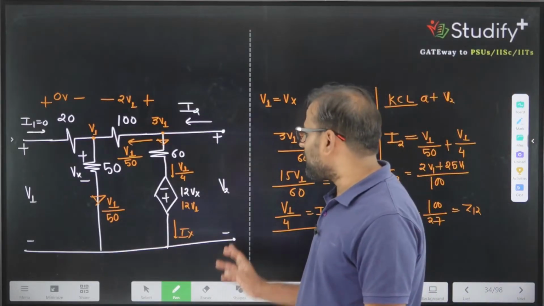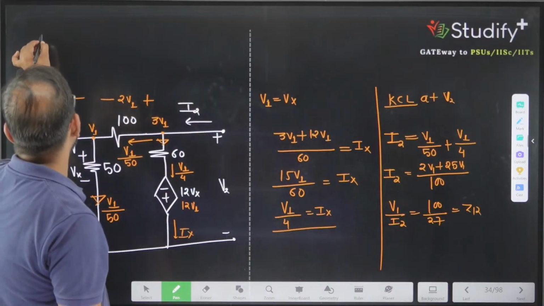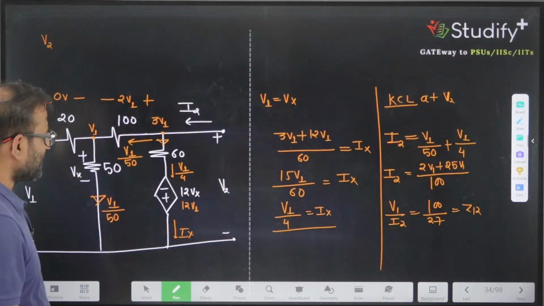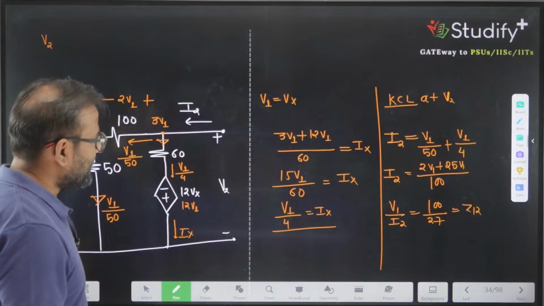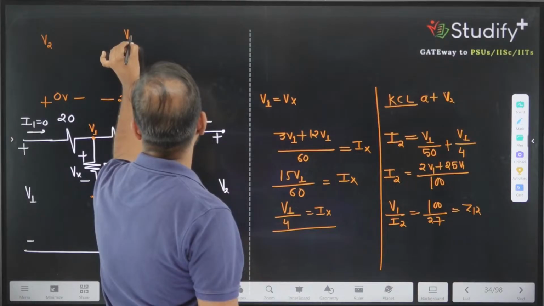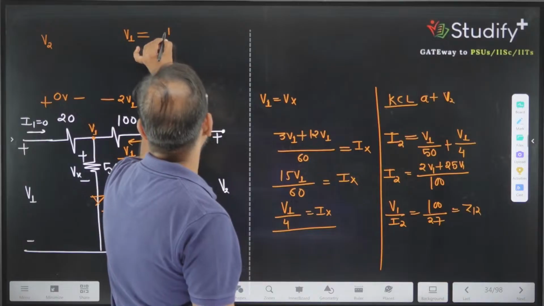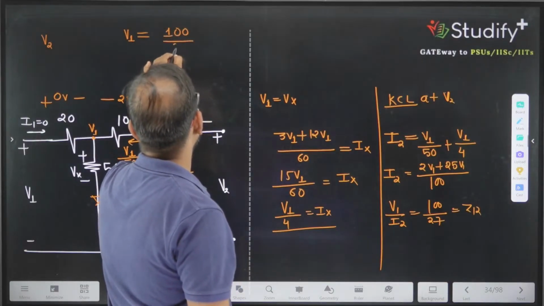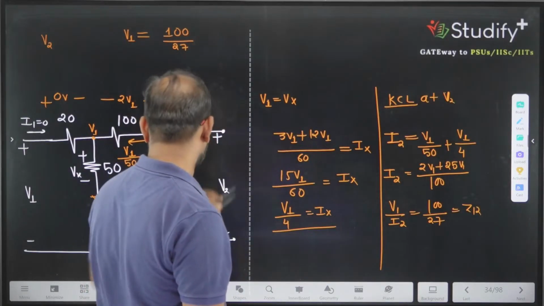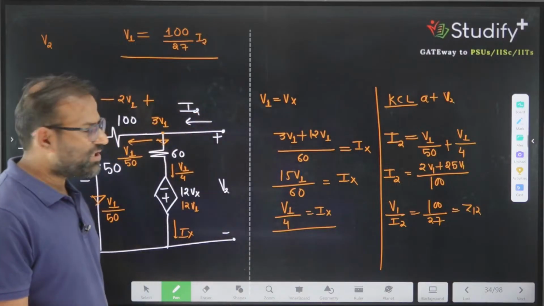Now we calculate the Z22 parameter also. What is the Z22 parameter? Z22 is V2 divided by I2. V1 is equivalent to 100 by 27 I2. And what is the relationship between V1 and V2?